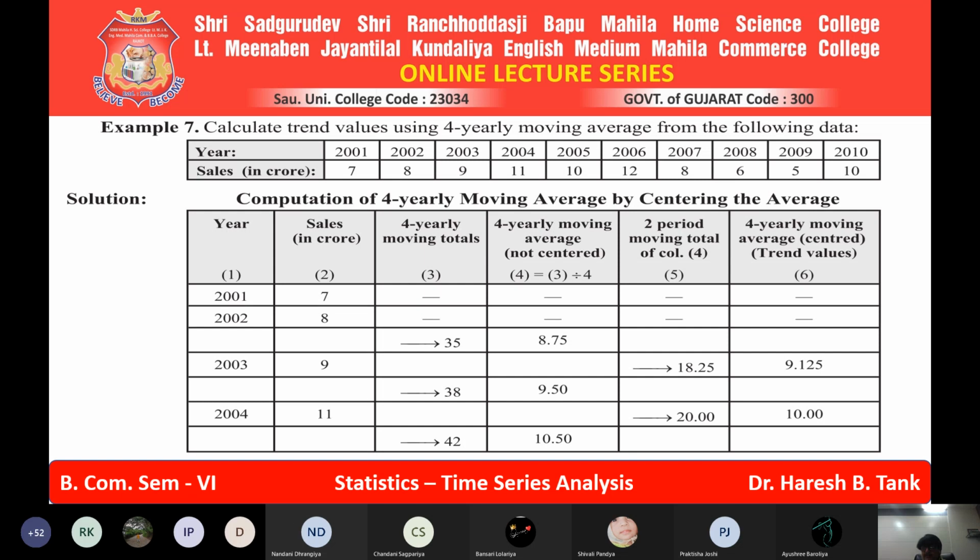Could you mark the difference between these two methods? Can anyone say what the differences are between the first and second method? Anyone from you? We have to repeat the additions and divisions twice. Absolutely.